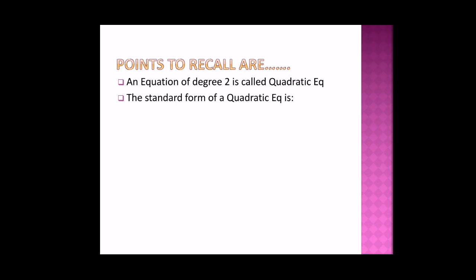The standard form of a quadratic equation, as we studied in chapter number 1, is ax square plus bx plus c is equal to 0.